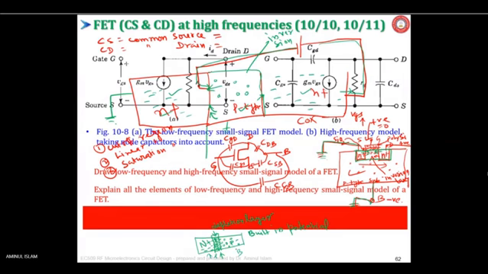Initially, the electrons will be moving in this direction and the holes will be moving in this direction, and they will form a depletion layer. Further, they cannot move because this side you have the positive ion layer and this side the negative ion layer.